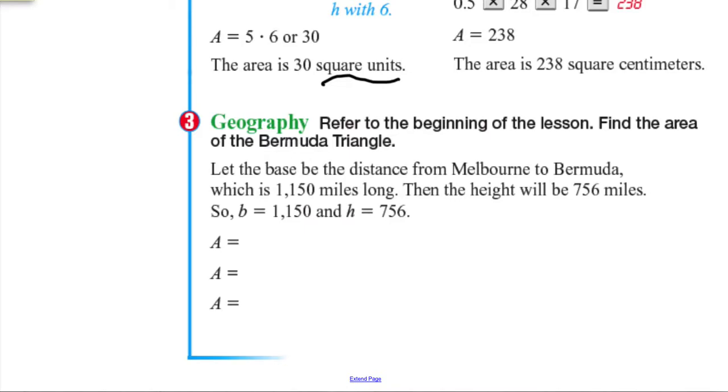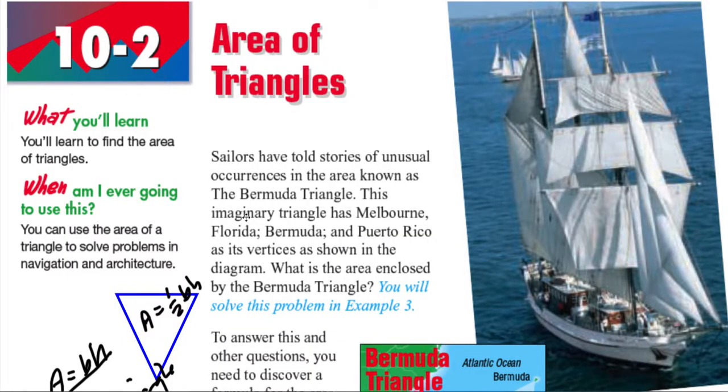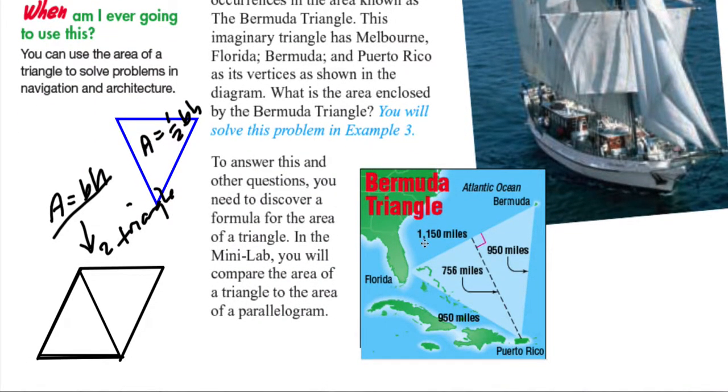So base is 1,150 and height is 756. This is our base, and this is our height. 950 is not important in finding the area of a triangle because 950 is not the height. So we need to specifically look for the height and the base.